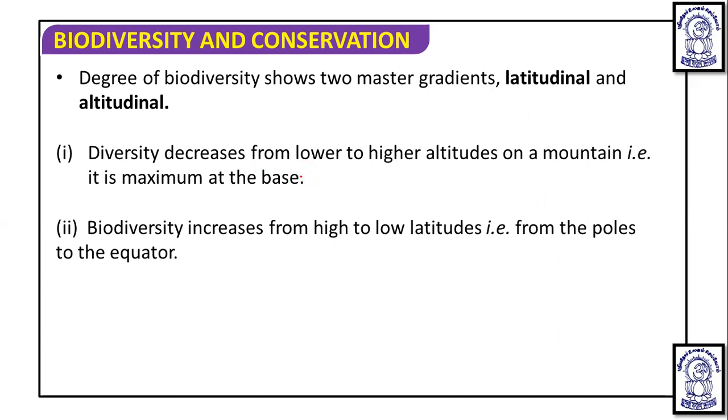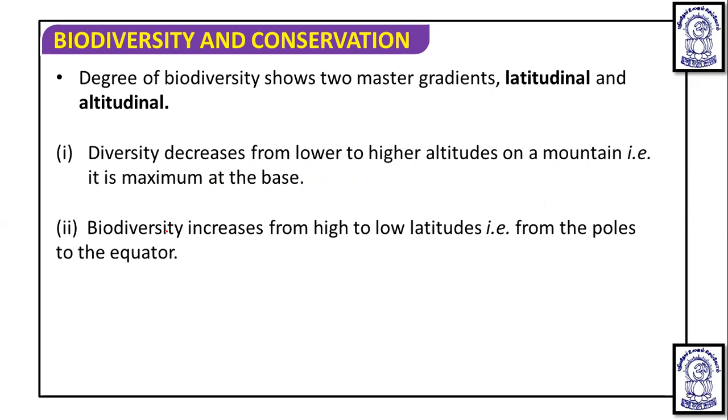When we go towards the upper side of the mountain, you will not see the maximum diversity. At the base, you will see the maximum diversity, so as we move from low to high altitude, you will see a decrease in diversity.